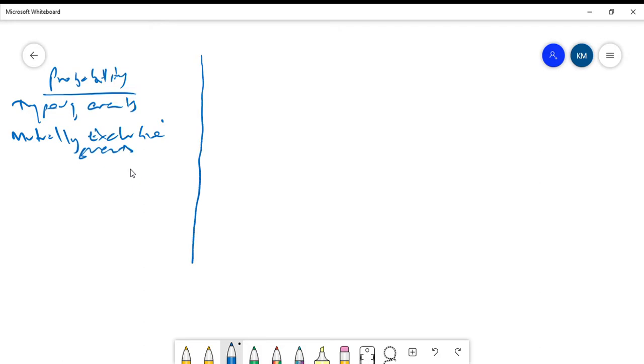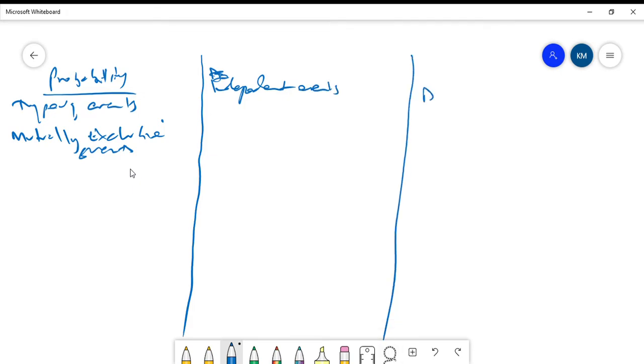We have then the ones that are not mutually exclusive, which can be divided into two. We have the independent events, and we also have the dependent events. So these two are not mutually exclusive. This one is mutually exclusive events.